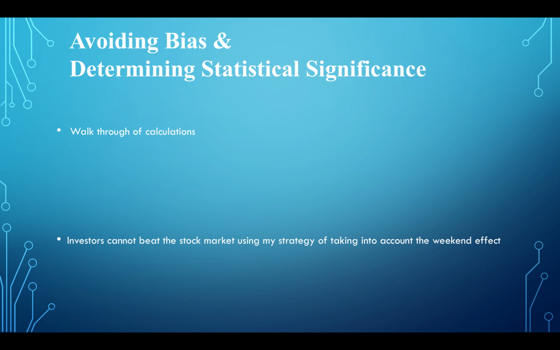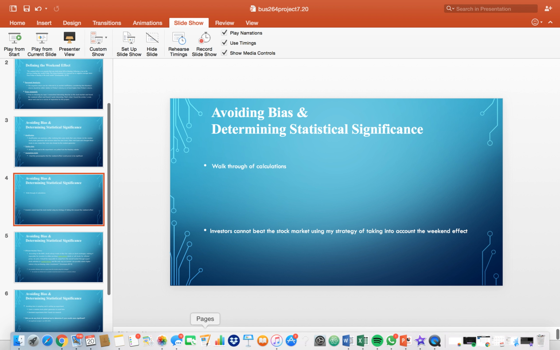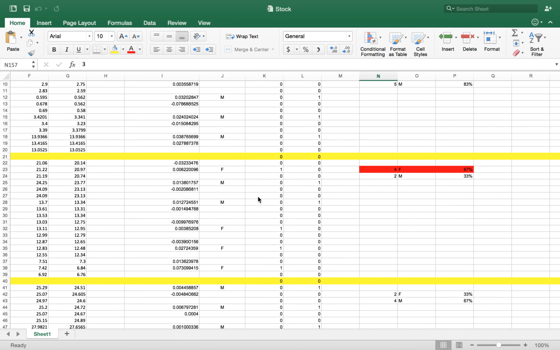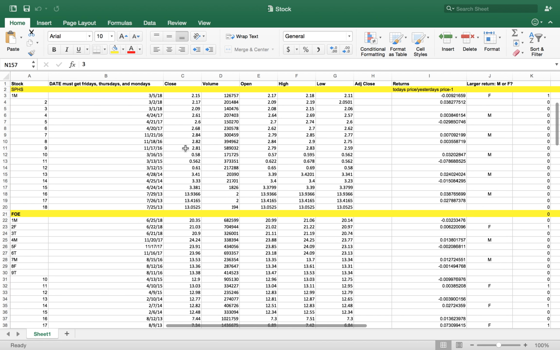I'm going to walk through my calculations now. I'm going to pull up my Excel file. Right, here is the Excel file that I created. We have the stocks that I chose, highlighted in yellow, and the dates. I would get Mondays, Fridays, and then Thursdays, because you need Thursday's date to get the return on Friday, and then you use Friday's prices to get the return on Mondays.